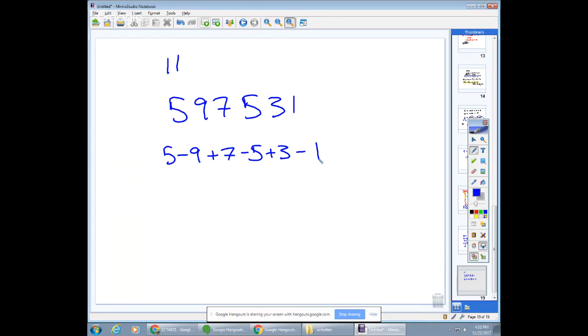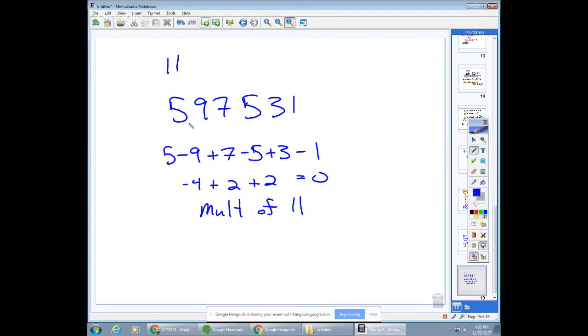So what happens when I do that? 5 minus 9 is -4. 7 minus 5 is 2. 3 minus 1 is 2. -4 plus 2 plus 2 adds up to 0. What I'm hoping is whatever I get here is a multiple of 11. Is 0 a multiple of 11? Yeah, because 0 times 11 is 0.